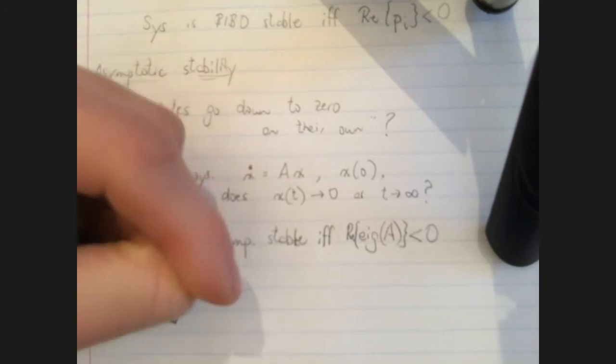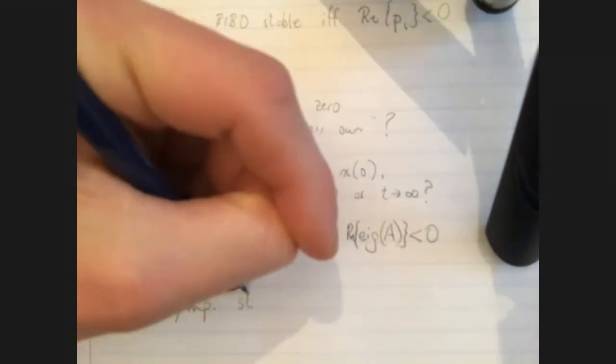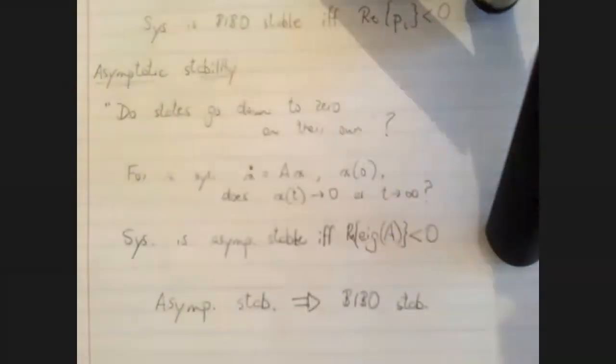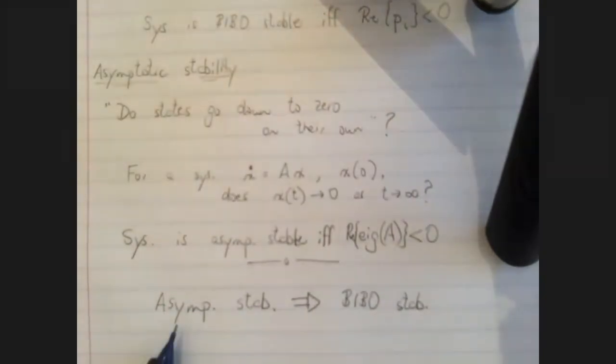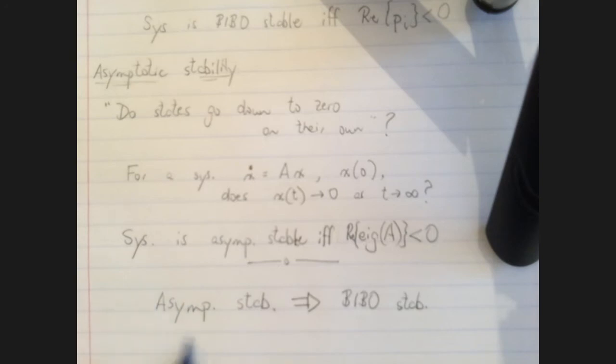And in fact, I'll tell you right now that if a system is asymptotically stable, asymptotic stability is going to imply BIBO stability. So indeed, asymptotic is the more rigorous one. If you guarantee that a system is asymptotically stable, you can guarantee that for sure it's also BIBO stable.